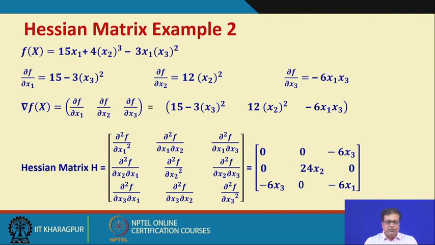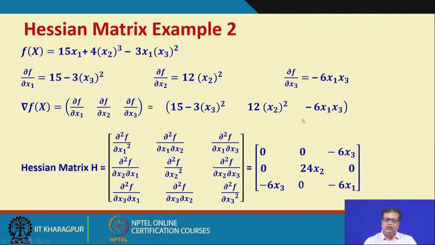Let us see each term. Just now I said that del f del x 3 is minus 6 x 1 x 3. So, if you differentiate with regard to del x 1, you get minus 6 x 3. Again, let us see how this 24 x 2 is coming. This is our term, del f del x 2. If you differentiate again, that is del x 2 of the term, then we will get 24 x 2.